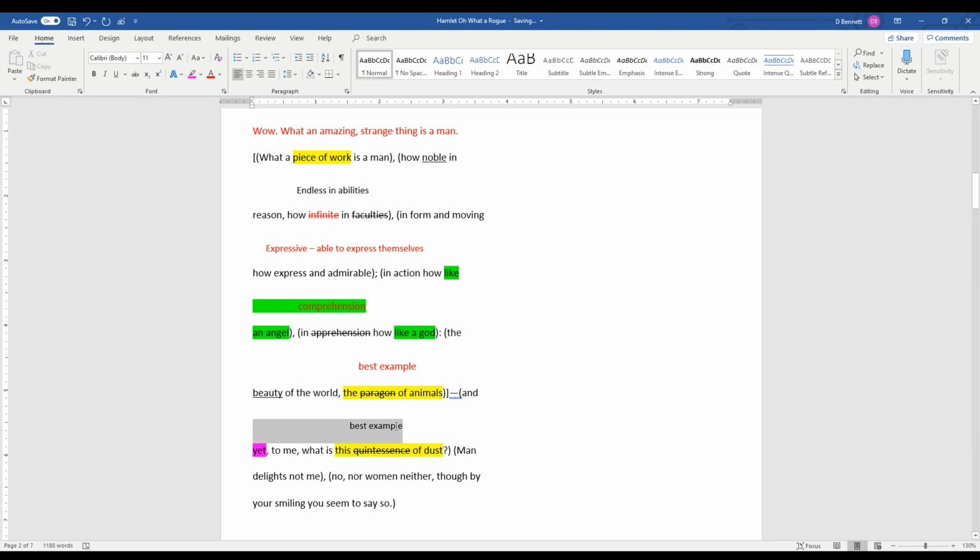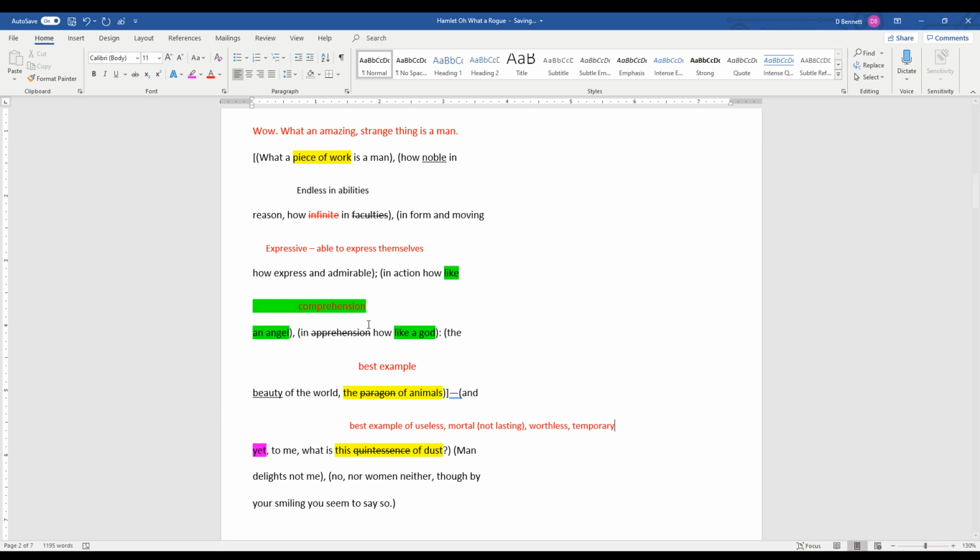So he's saying, I know that man is the best example of animal, but to me, we feel like the best example of dust. And so dust is like uselessness, mortal, meaning not lasting, and beyond just useless, kind of worthless, temporary, ashes to ashes, dust to dust.